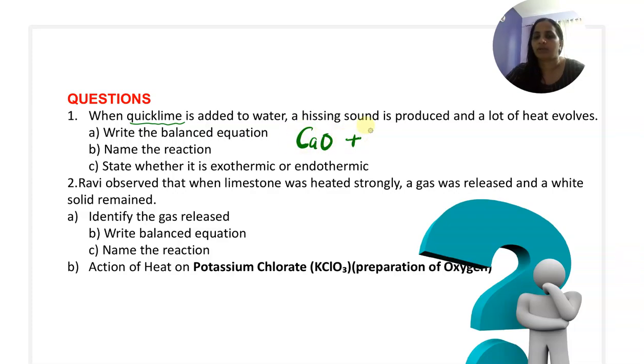You add water, and you get calcium hydroxide plus heat. Here you are getting a single product by combination of two reactants, so this is an example of a combination reaction. Heat is produced, heat is coming out, so this is also an example of an exothermic reaction.